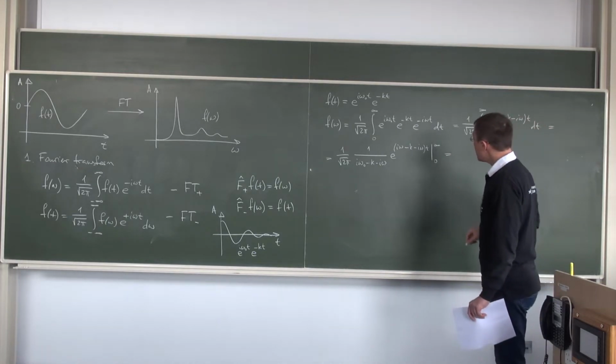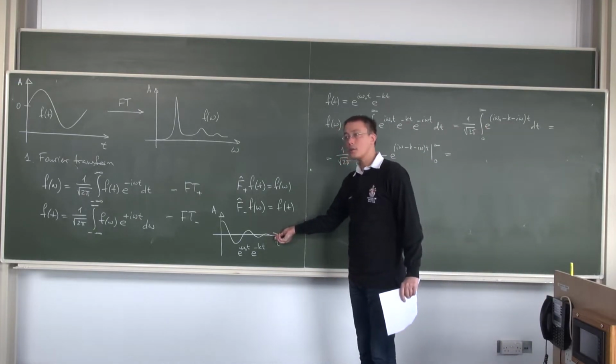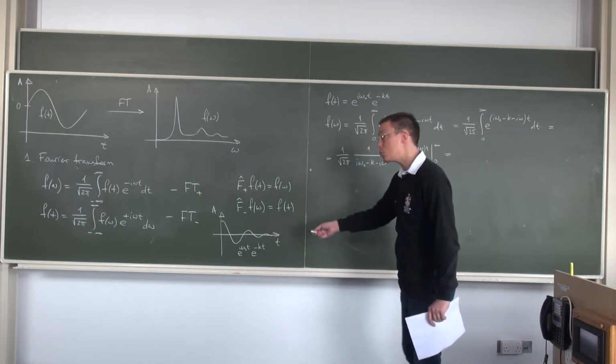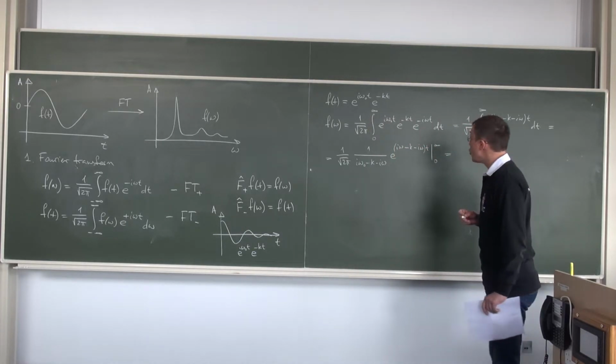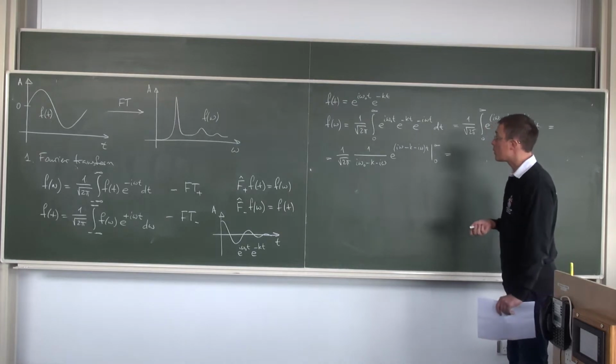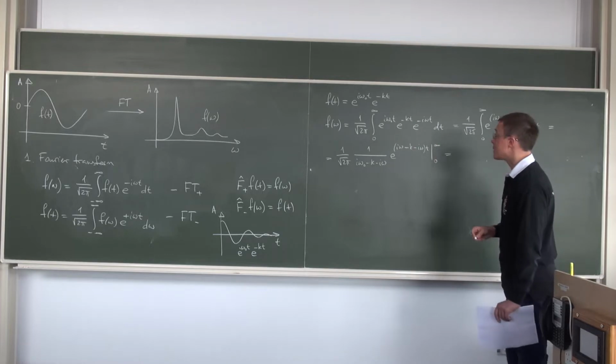Okay, let's take a look at what this is at infinity. Well, we have a decaying oscillation, so at infinity it simply goes to 0. At 0, the exponential is equal to 1, because exponential of 0 is 1. It's basically 0 minus 1, so we just pop a minus in front.